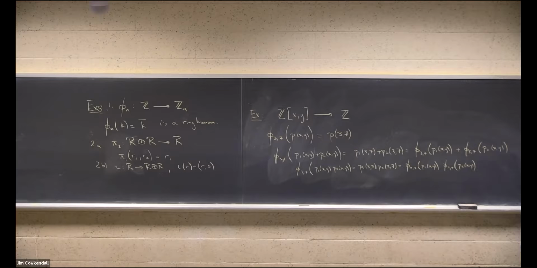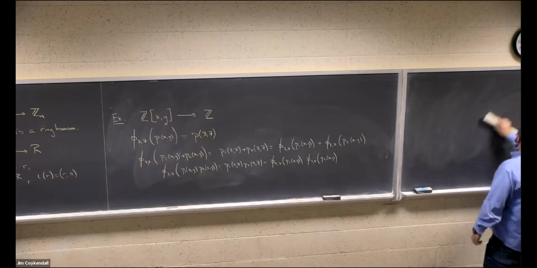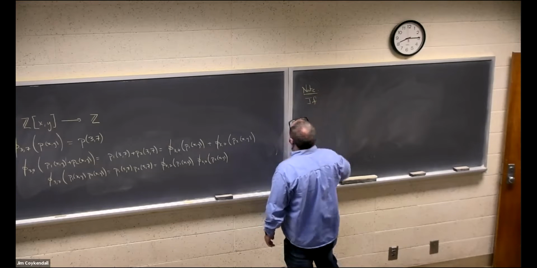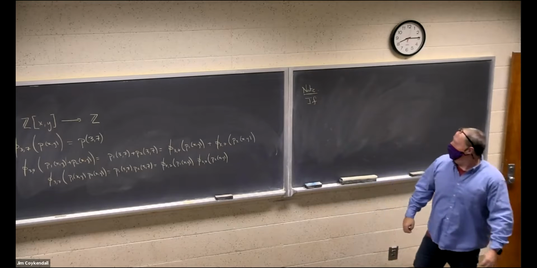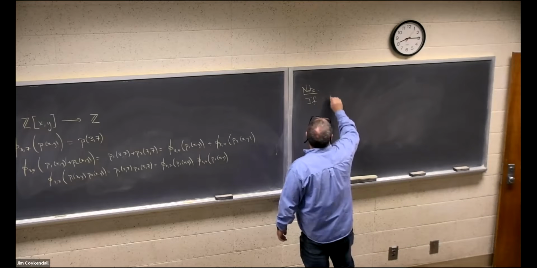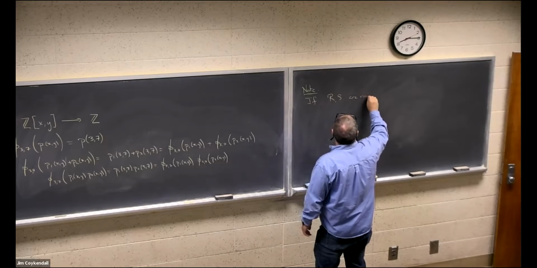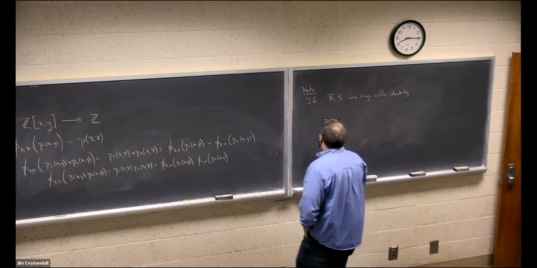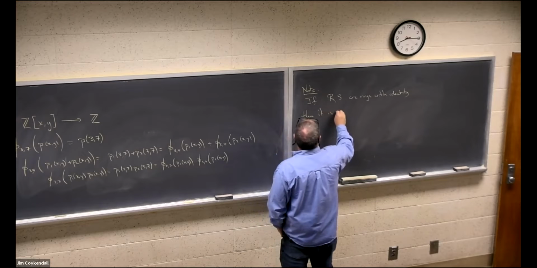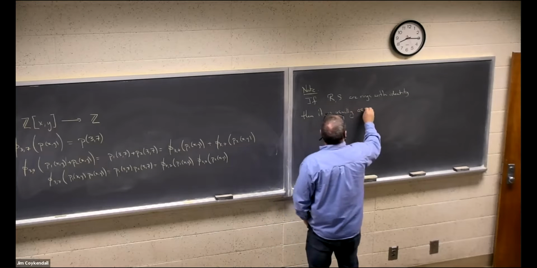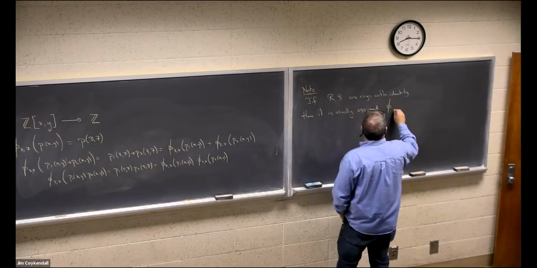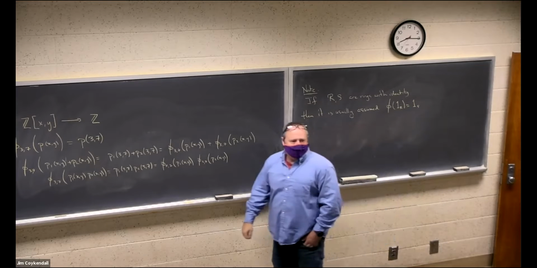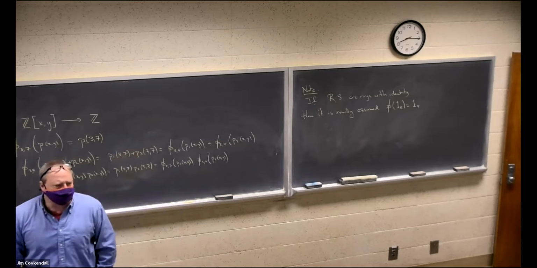Let me make a note here. If you ever read an algebra text, they often assume that if R and S are rings, then phi of the identity of R is the identity of S. I'm going to give you a theorem later that shows you why.